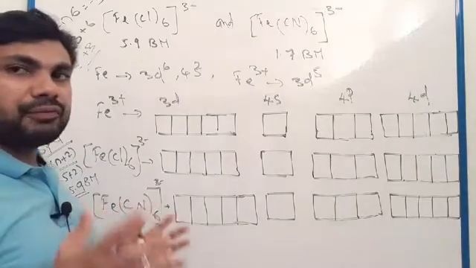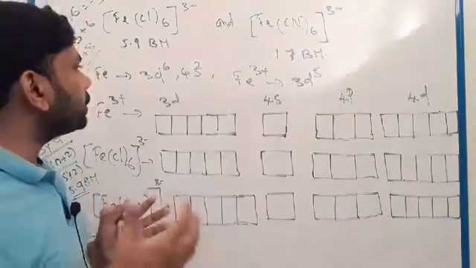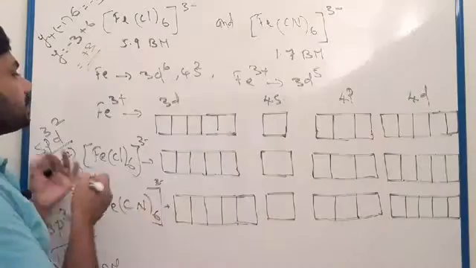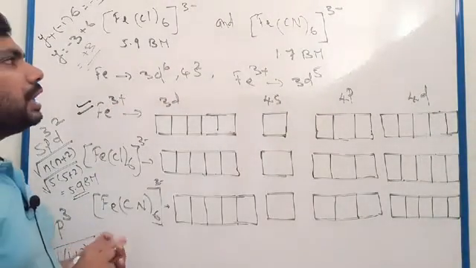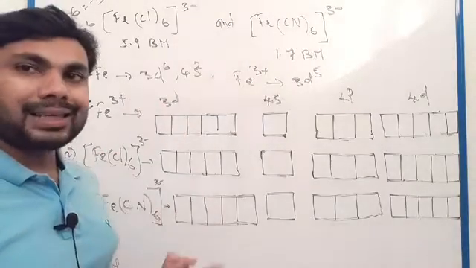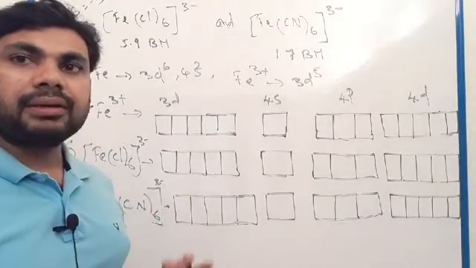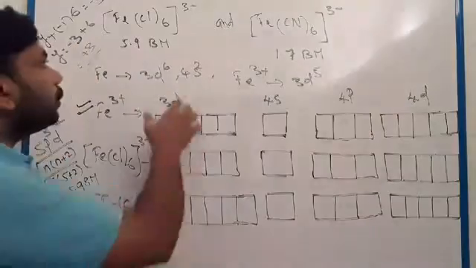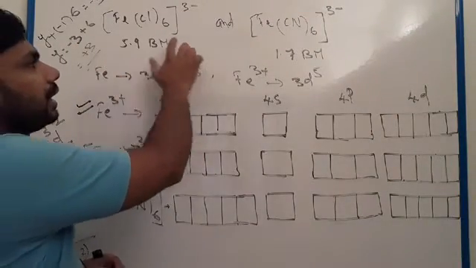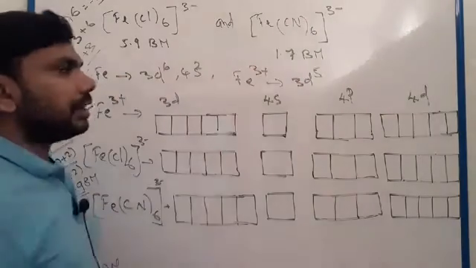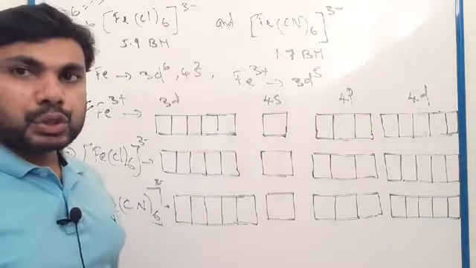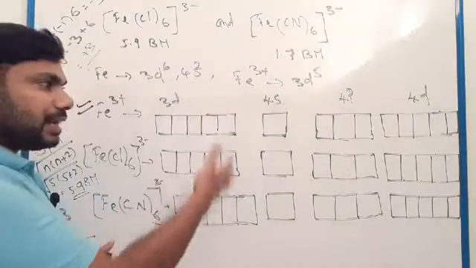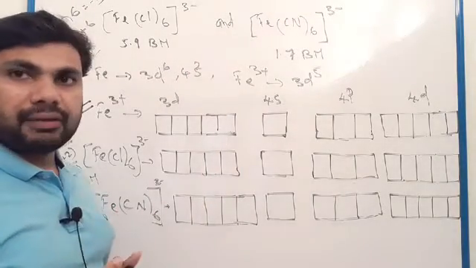Both have iron in the plus 3 oxidation state, but different magnetic moments. Explain the reason. You can explain this difference based on valence bond theory.